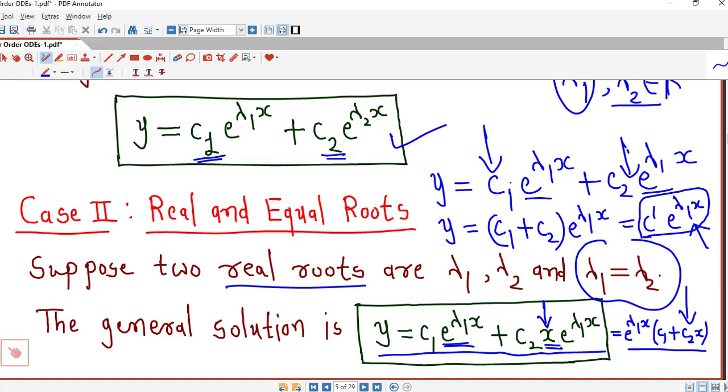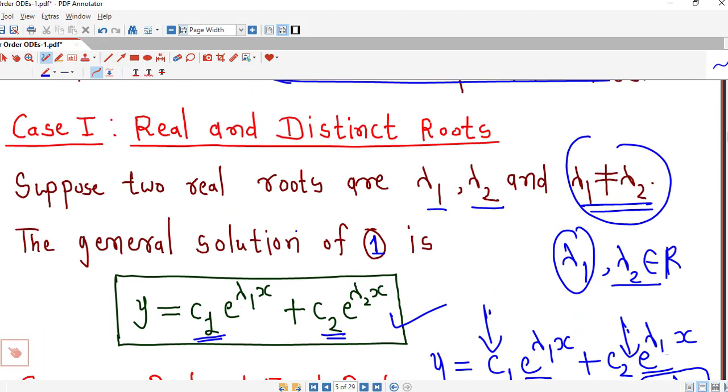So if we write in this way, then as we discussed, here e raised to lambda 1x becomes common, and we obtained only one essential constant. So that is not true. We must have two essential constants in the general solution of a second order linear equation. So we will remember it in this way.